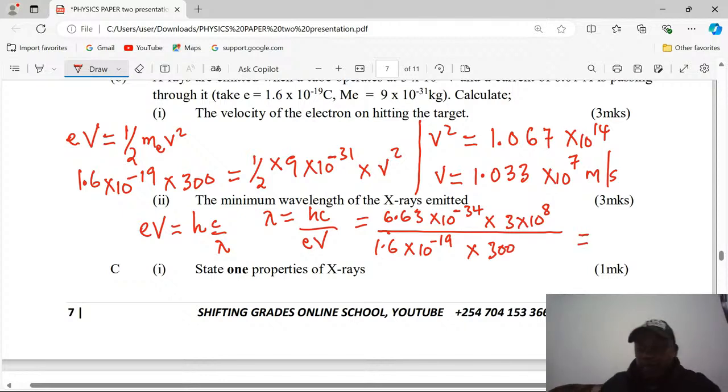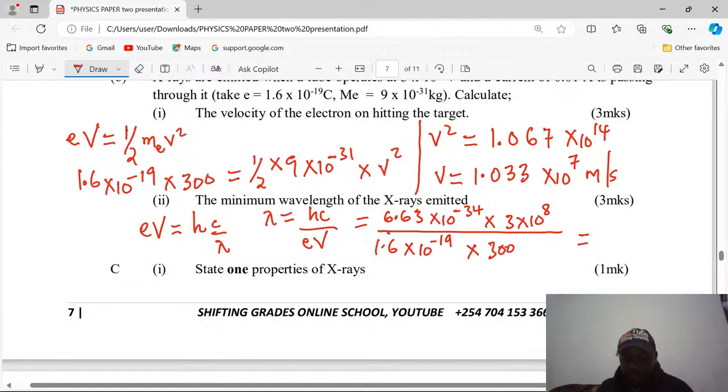And so we can get our minimum wavelength now. 6.63 times 10 power negative 34 multiplied by 3 times 10 power 8 divided by 1.6 times 10 power negative 19, and we also divide by 300.